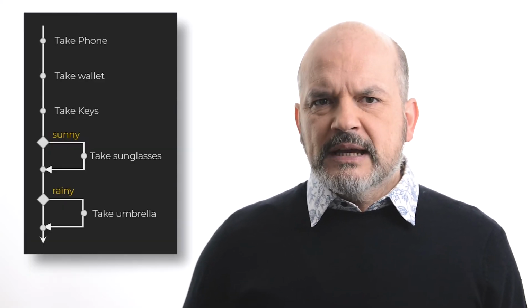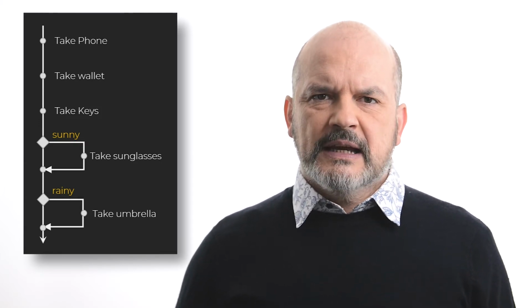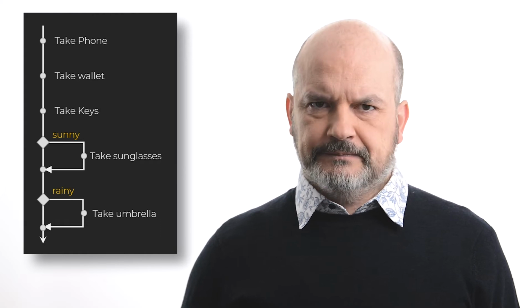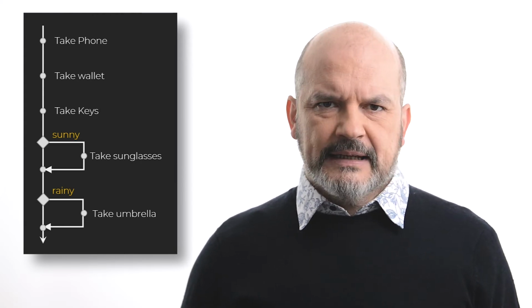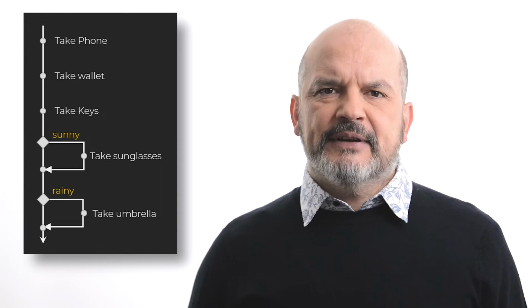In our example, if it is sunny, the person takes the sunglasses, otherwise they leave them at home. Similarly, if it is rainy, the person takes the umbrella, otherwise they leave it at home. Ideally, we should be able to have mutually exclusive branches.